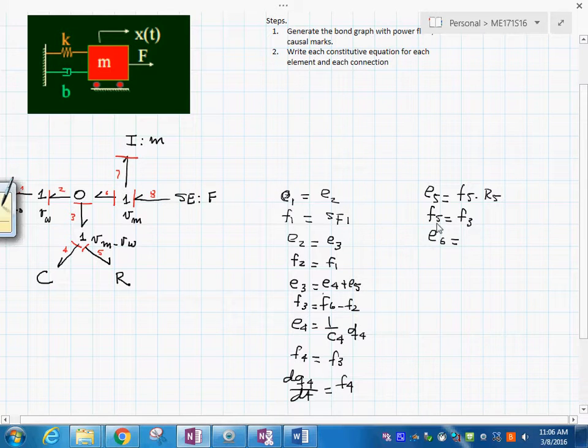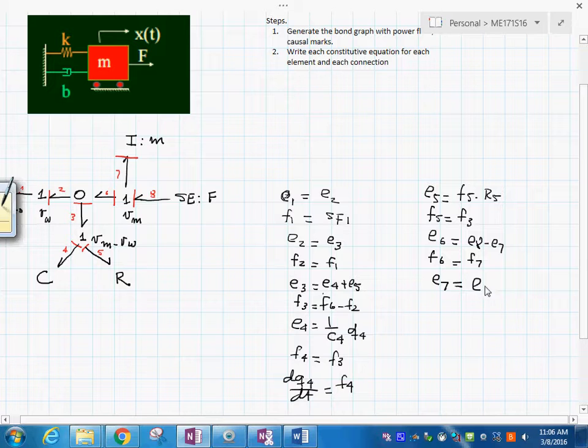What is E sub 7? E7 is E sub 8 minus E sub 6. And what is F7? F7 is 1 over I7 times p sub 7. That's the constitutive law of the I element.